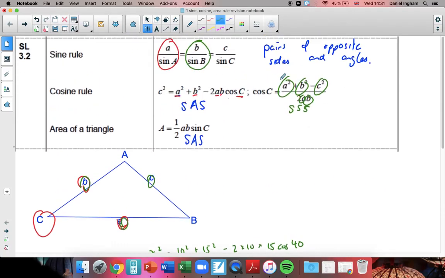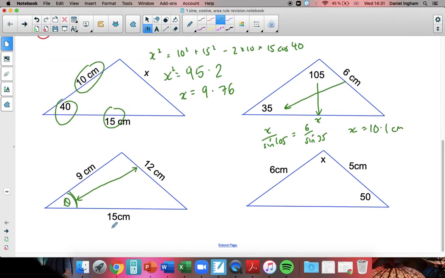If we look at the formula, the minus c squared bit, the one that you subtract, is the one opposite the angle you're looking for. So if this had been labelled A or something, don't get confused about subtracting side C or whatever.